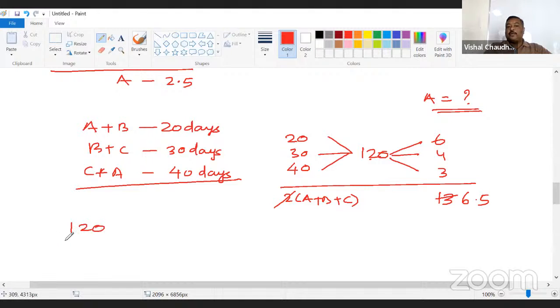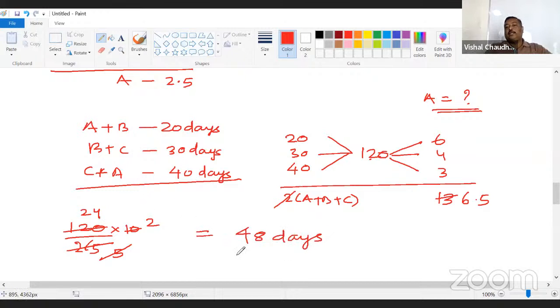So 120 divided by 6.5 minus 4 is 2.5. Remove the decimal: 10, 5 fives, 5 twos, 24 times, 24 twos are 48 days. A will take alone 48 days to complete.